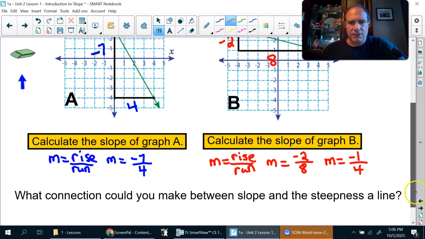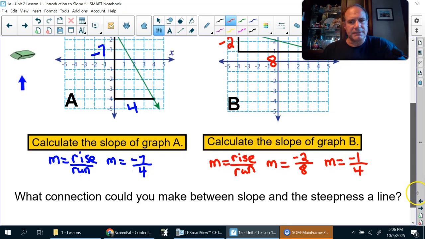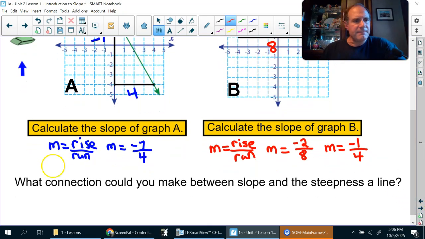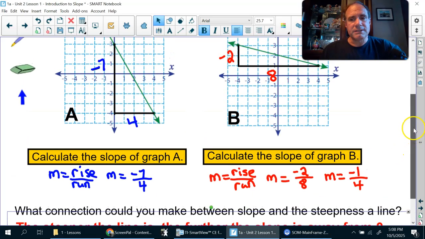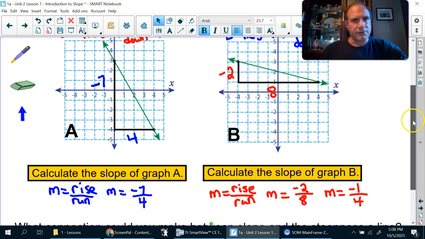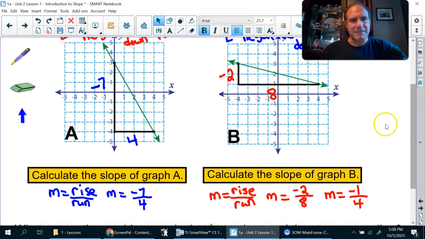So what connection can you make between the slope and the steepness of the line? It's the same connection that was on the other page. And I put it there again, just in case you wanted to see it. The steeper the line is, the further the slope is away from 0. So you could see that the further away from 0, the steeper the line.